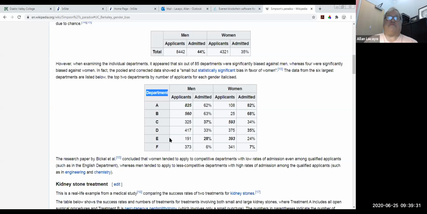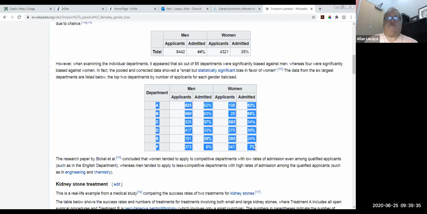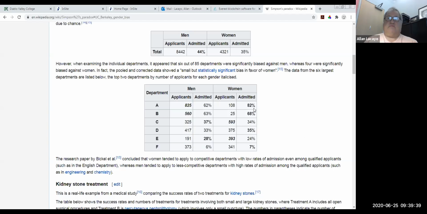And the university presented this data for these 6 departments here. As you can see, in many cases, admission rates for women were way higher than those of men, like in Group A, Group B, Group D, and Group F, while admissions for men were higher in other departments, like E and C.